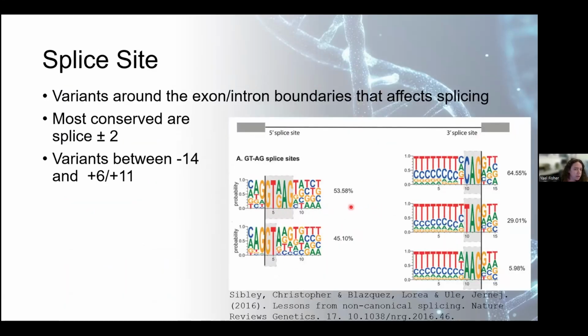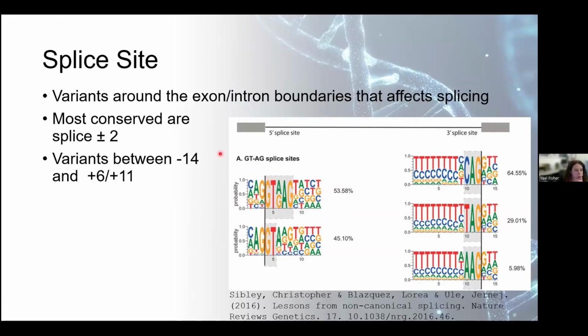Now, I mentioned splice sites before, so let's talk a bit about that. Splice sites are the areas around the exon-intron boundary. Now, this form of writing is a conservation form of writing, where the larger the letter, the more conserved it is across species.